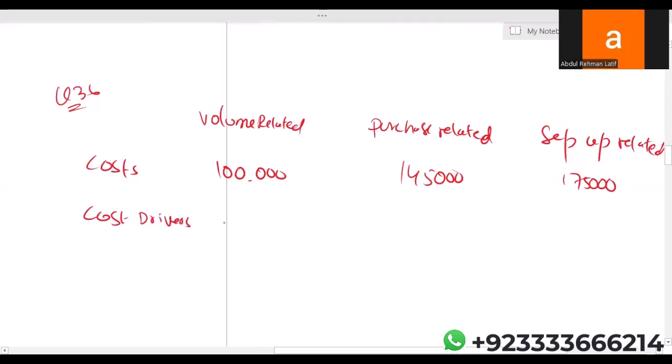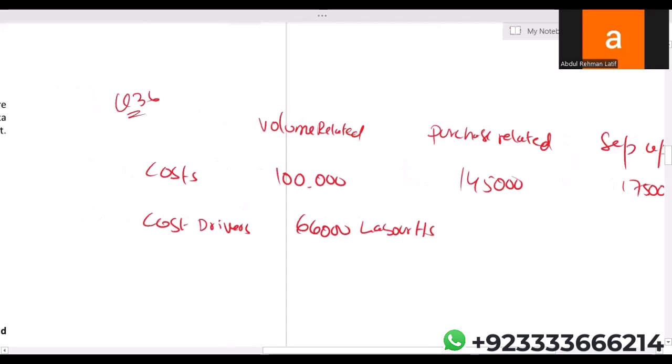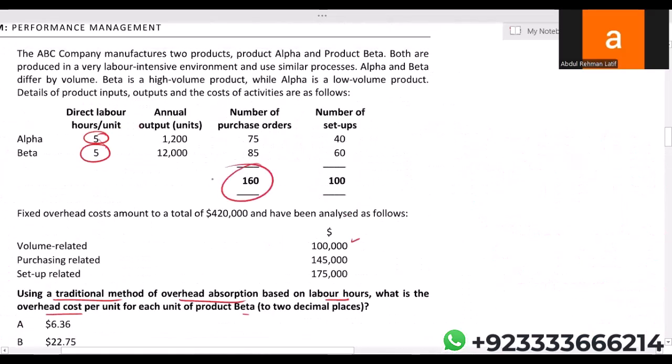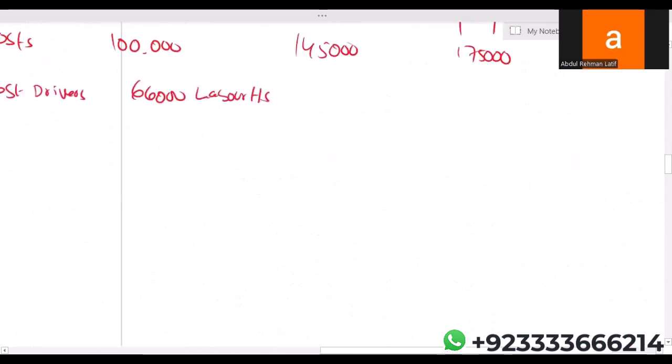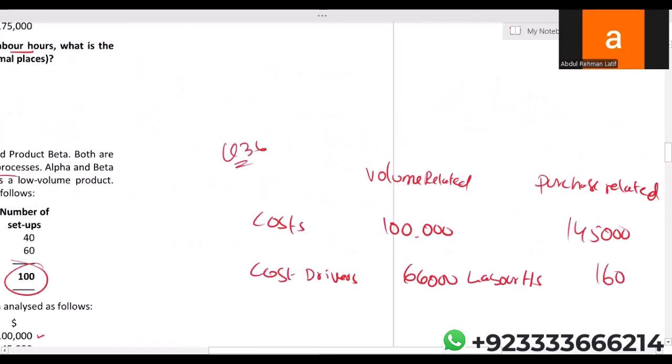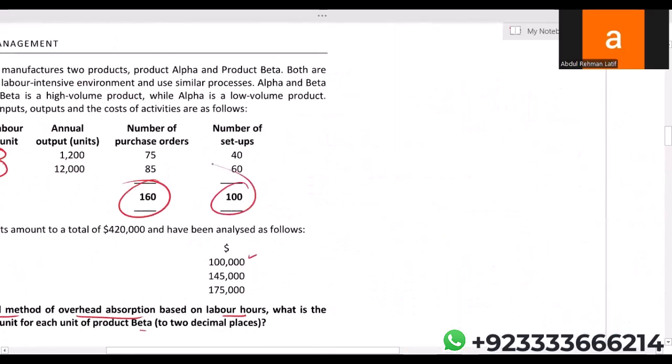For volume related, the cost driver is labor hours, which we have already calculated as 66,000. For purchase related, they have given us the number of purchase orders, 160. And the total number of setups is 100.